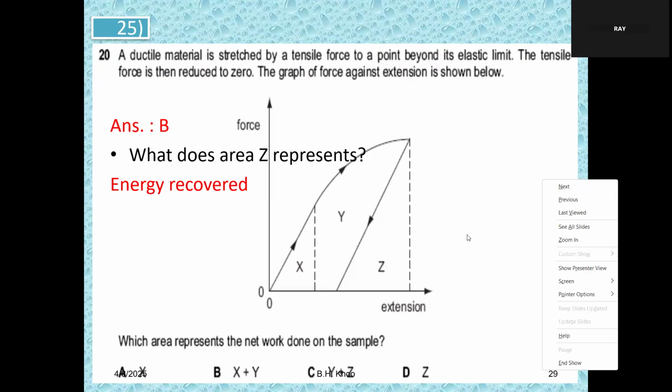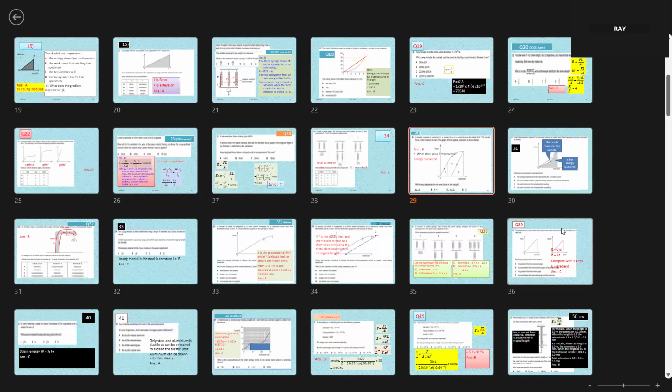We don't need to know too far. You just know that it doesn't return to its original length. So elastic returns to its original length, but plastic, when you remove the load, doesn't return to its original length.